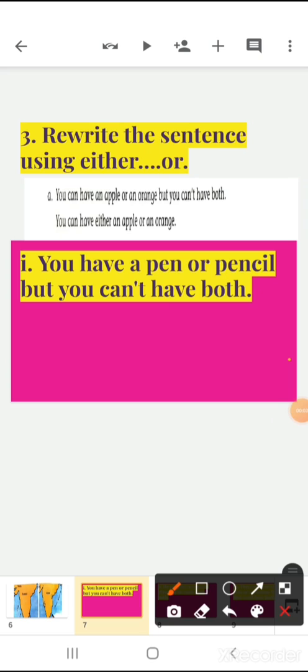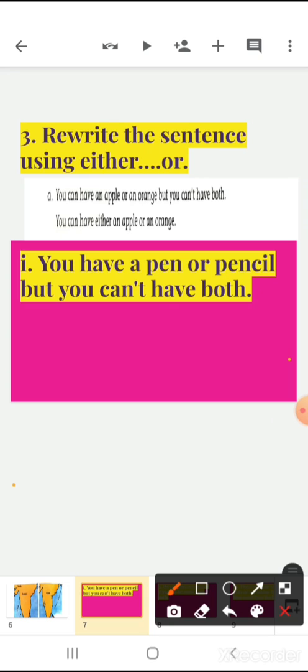Now children, we have to do the exercises which are given in the book. Rewrite the sentences using either or. This exercise is on page number 61 in your book. Question number 3, read the example, change the sentence using either or.